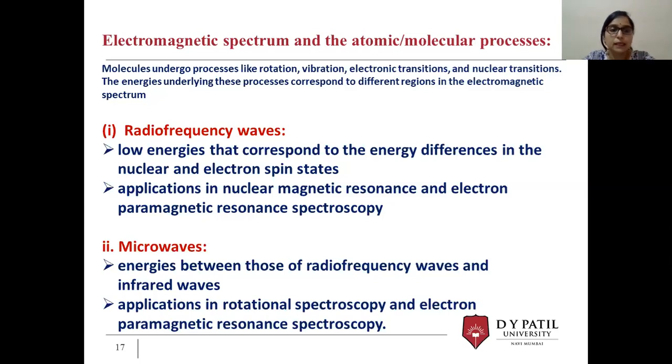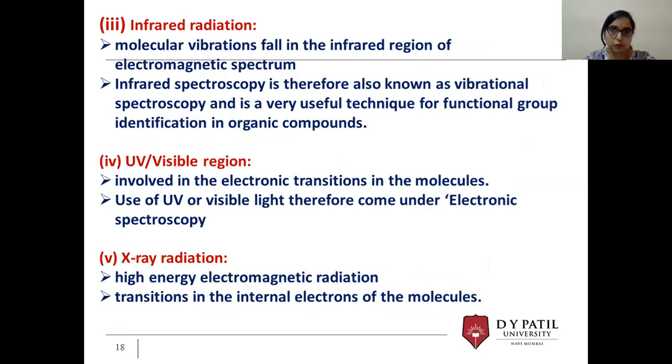Now, the second category is the microwaves. What are microwaves? These are energies between those of radio frequency waves and infrared waves. Applications are in rotational spectroscopy and electron paramagnetic resonance spectroscopy. The third category is infrared radiation. What is it? Molecular vibrations fall in the infrared region of the electromagnetic spectrum.